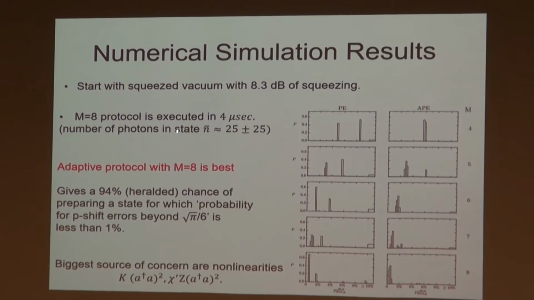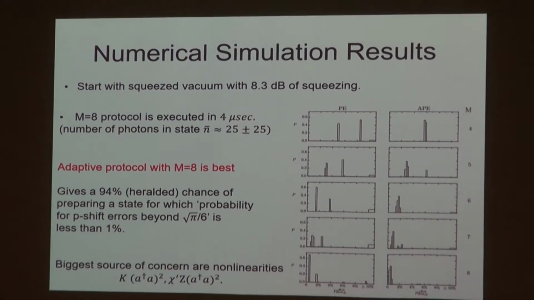The number of photons is about 25 with a large variance. And we get a good protocol. The problem is to say how good the state is. This is hard to capture. There's a measure, but I don't want to go into it. If you look at the Wigner function, it looks like a good grid state.